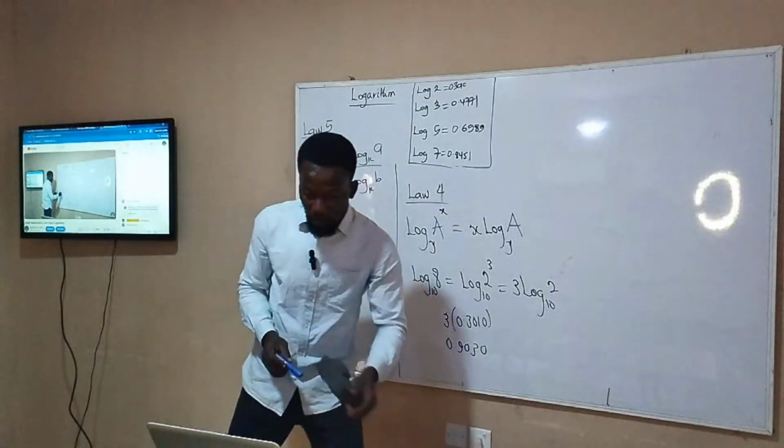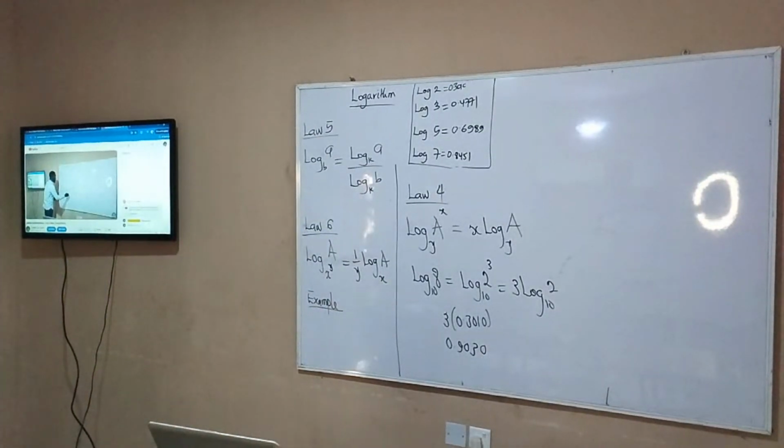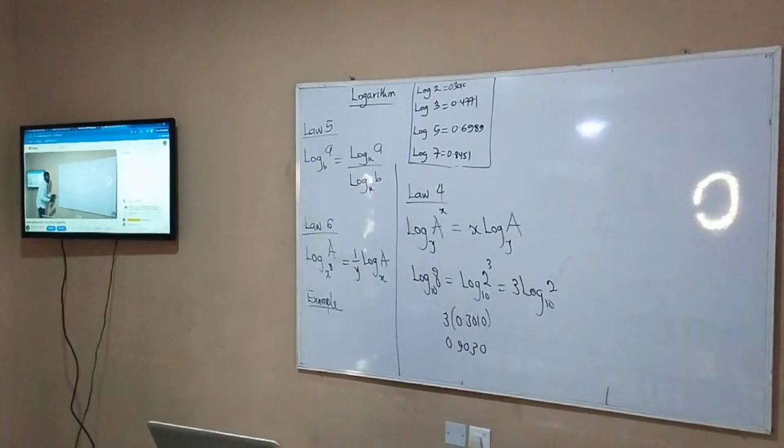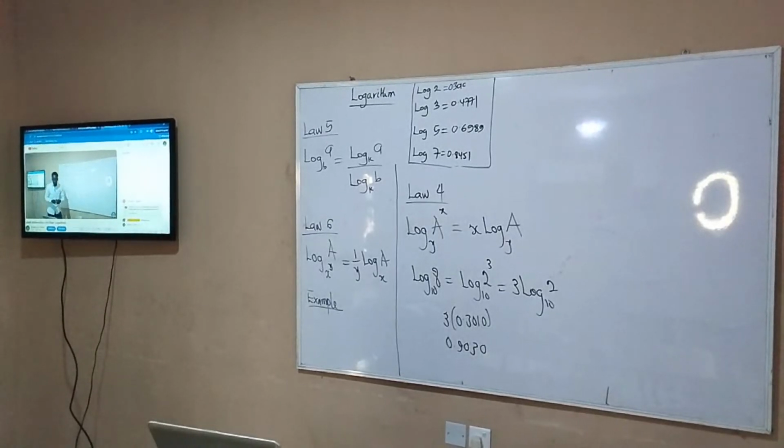Let me try to quickly fill this up. Let me quickly get ink and fill this marker so that we will not make any mistake, or you will not struggle to see what is written on the board. I'm still very much with you. I'm not leaving here. I'm just trying to fill this.